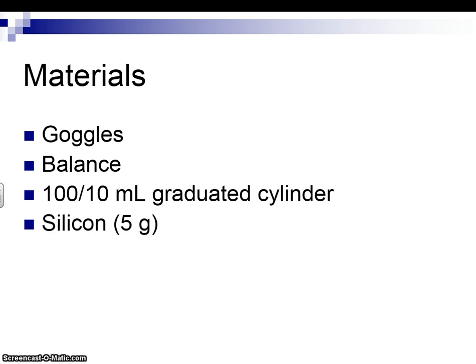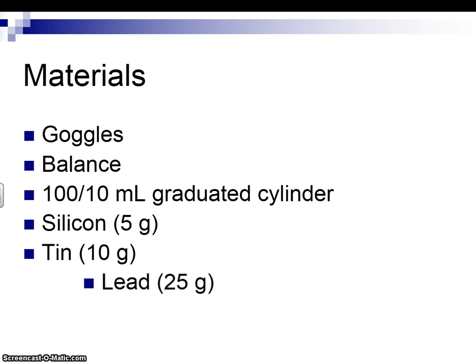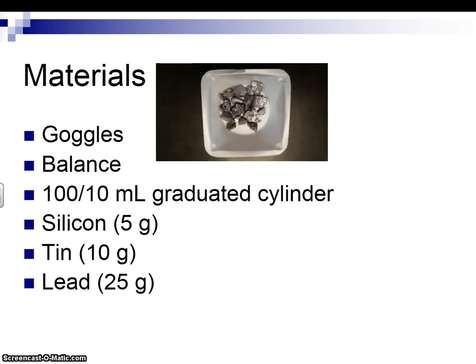You're also going to be using 3 different elements. We're going to show you that in a minute: silicon, tin, and lead. This is silicon, and that in a weigh boat is what 5 grams of silicon would look like.